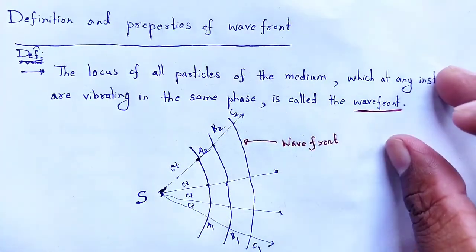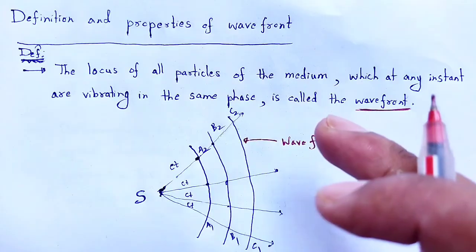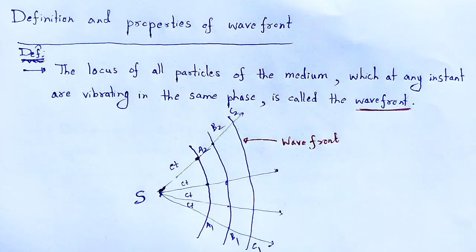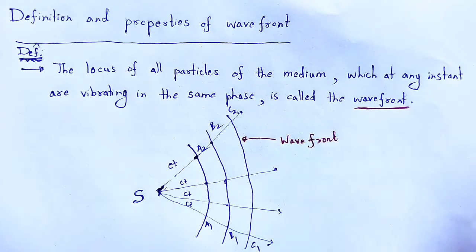So, according to the definition we can understand the exact scenario of wavefront. Now, various types of wavefront. The types of wavefront basically depend upon the shape of the source of light, from which light emits.